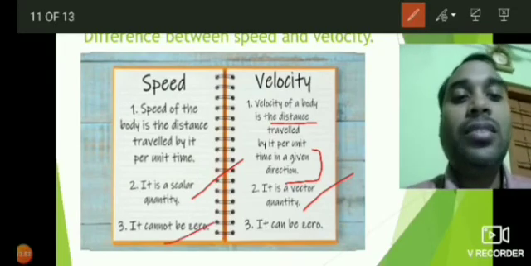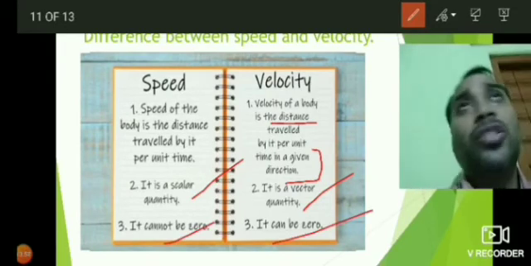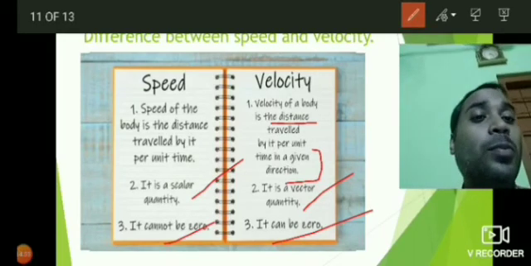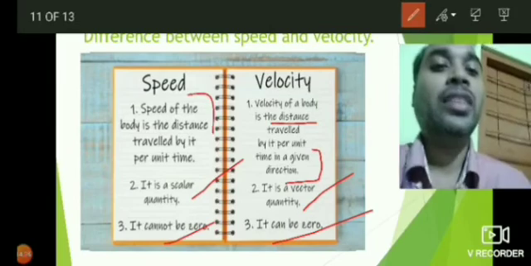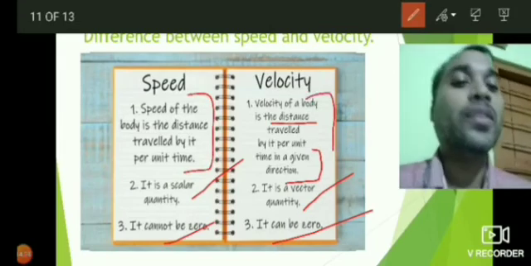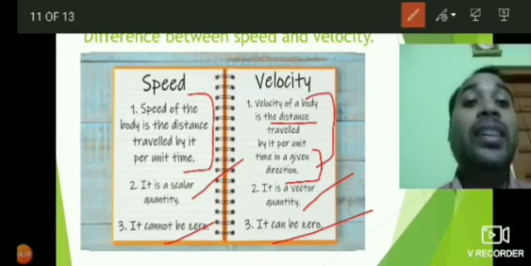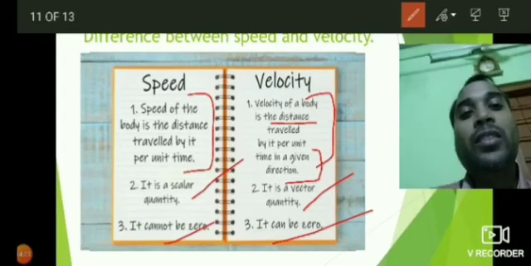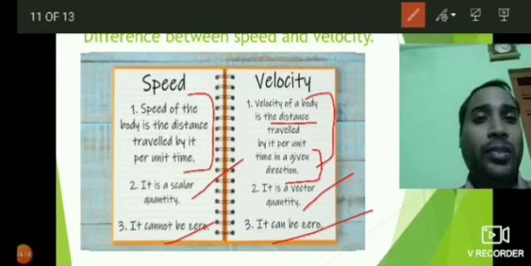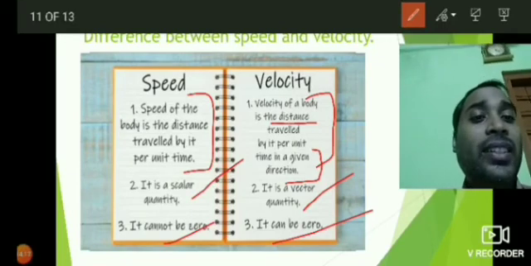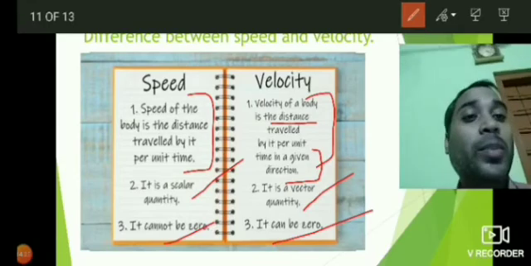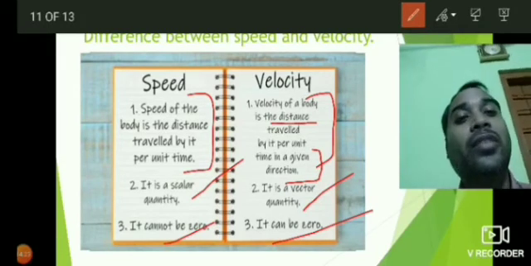Speed cannot be 0 and velocity can be 0. So more or less the differences are the same as those between distance and displacement. Only in the first point, the definition of speed and velocity, you have to write, whereas in case of distance and displacement you have to use the definition of distance and displacement. So this is how you can easily remember the differences between distance and displacement, and also between speed and velocity.